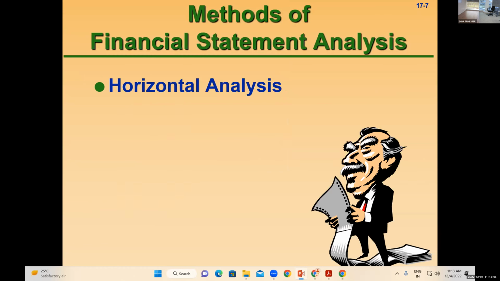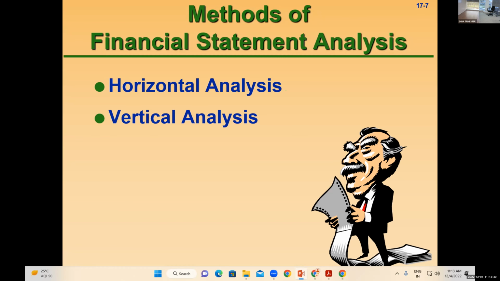Horizontal analysis. What is horizontal? It's not accounting, it's general talk. Horizontal means the same level: MBA, BCom, BSc, same level.